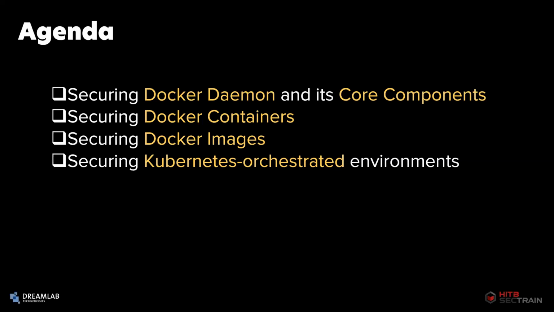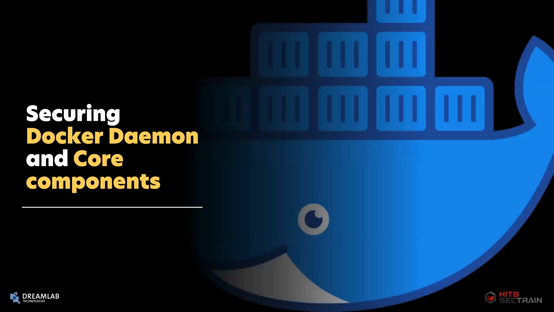The first part is going to be a little bit more theoretical, and then we will jump into several practices and live demos, especially in the Kubernetes section. Okay, so let's start.